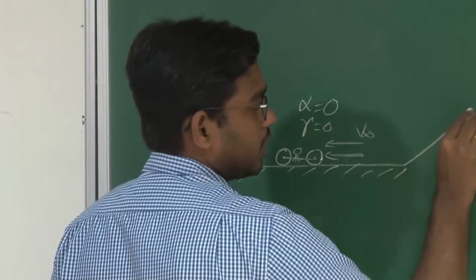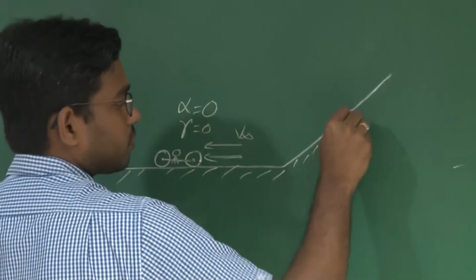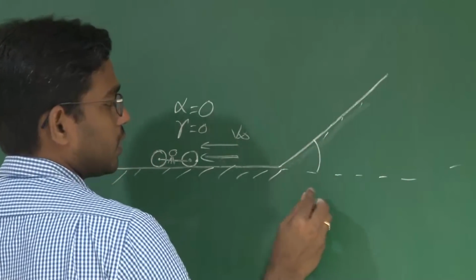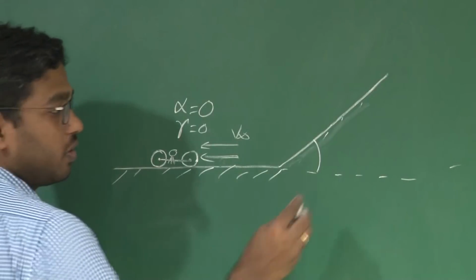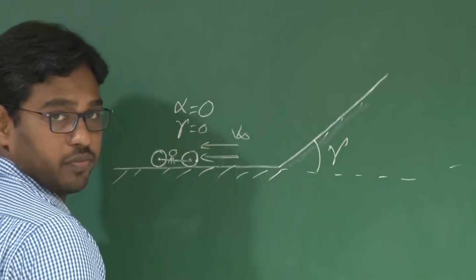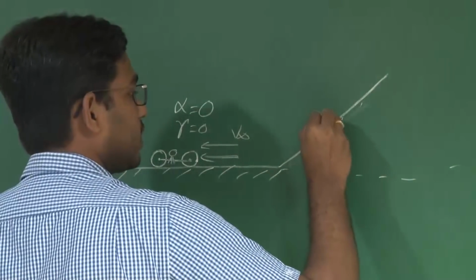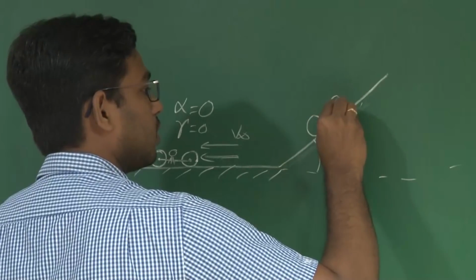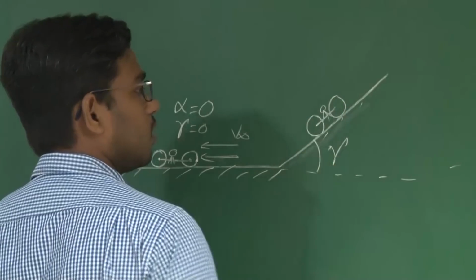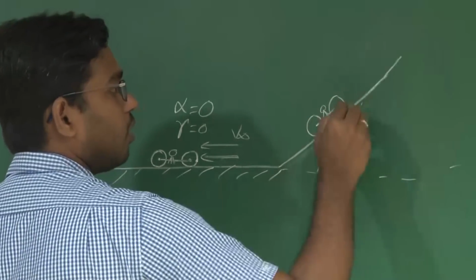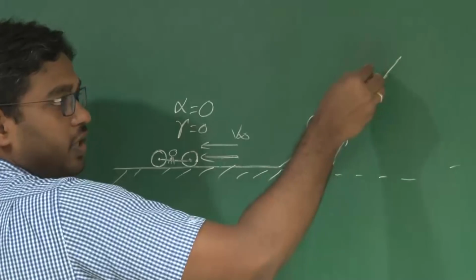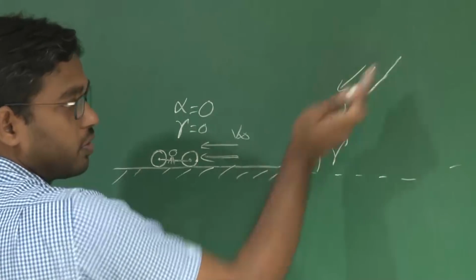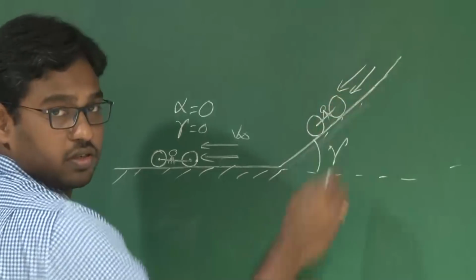Now say suddenly I encounter a flyover which is inclined to the local horizontal road by an angle gamma. With the same bike, I start moving on this flyover. Since I am moving in this direction, the free stream will be opposite to me, parallel to this flyover.